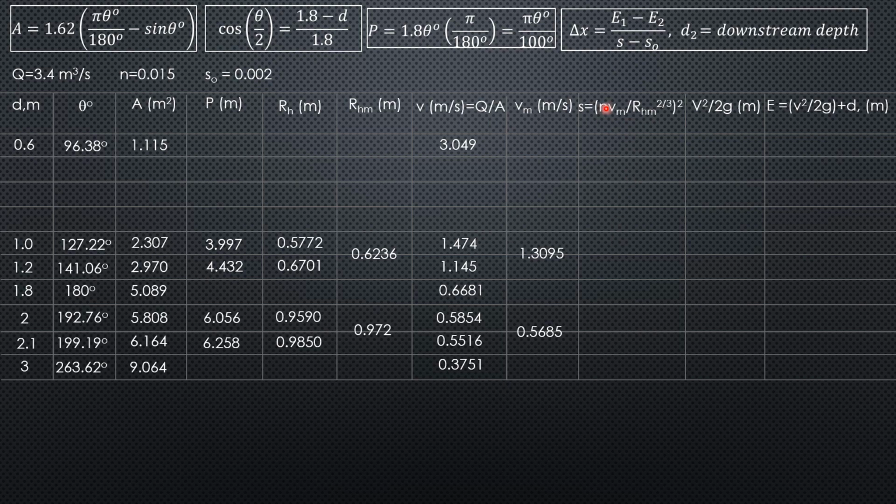So in your calculator, quantity 0.015 times 1.3095, only for this part, divided by 0.6236 to the 2/3, then close quantity square. So the value is 0.000743.